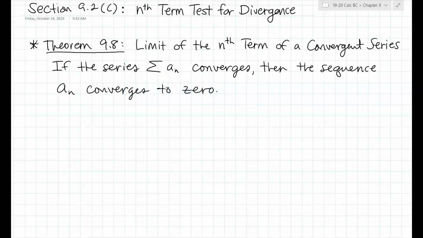Notice this is a conditional statement. If the series converges, then the sequence converges to 0. Okay?